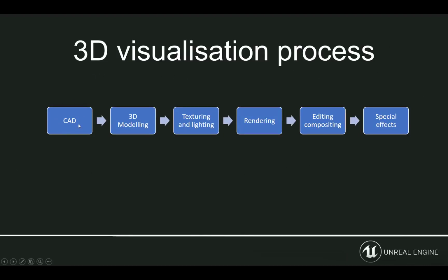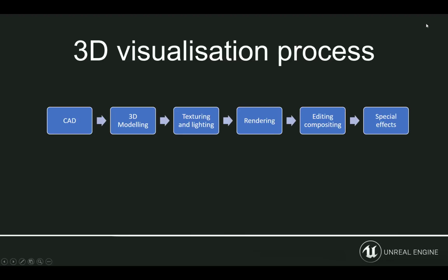We start off with either a 2D or a 3D blueprint, a model which has been done, perhaps roughly, perhaps accurately, and then that tends to go from, for example, AutoCAD to 3ds Max, where we'll do some modeling, organize the model and maybe set up some viewpoints, and then we'll have to give texture and light to this project, and a lot of design decisions happen at that stage as well. And then that goes into another, traditionally another package like V-Ray, where we'll start rendering.